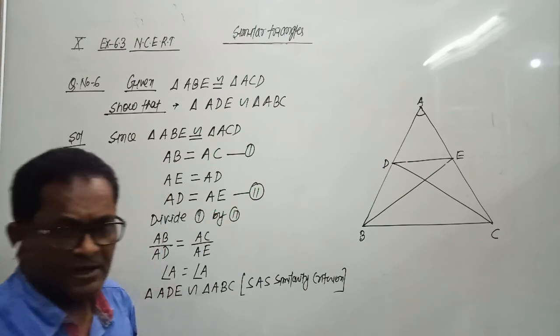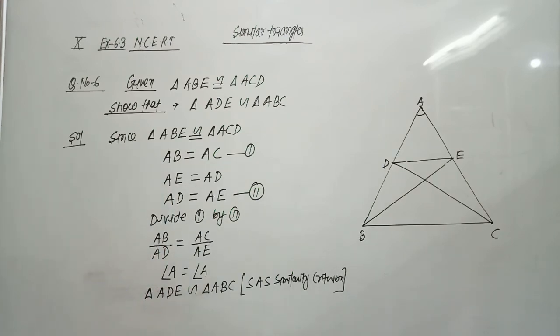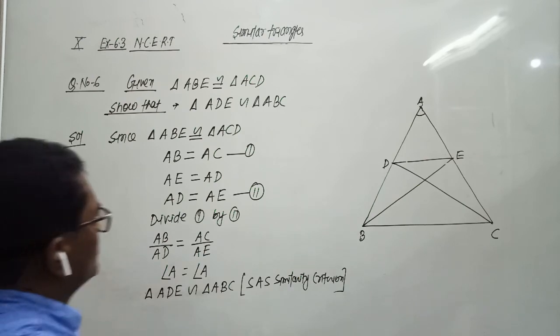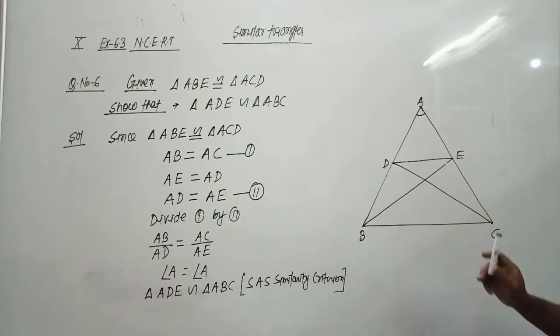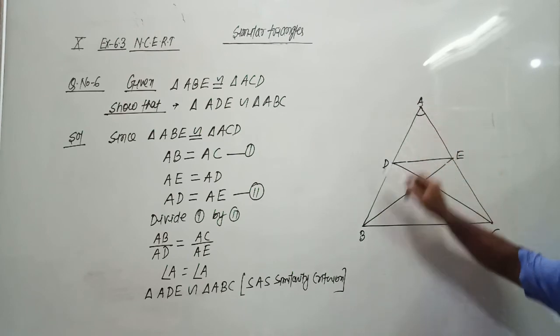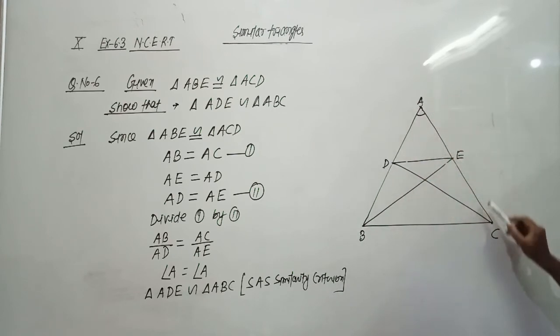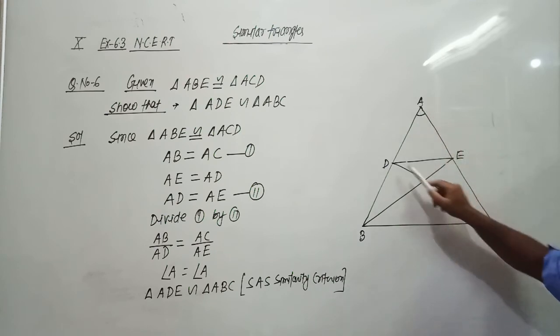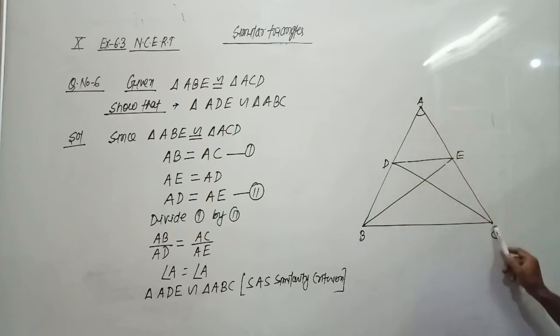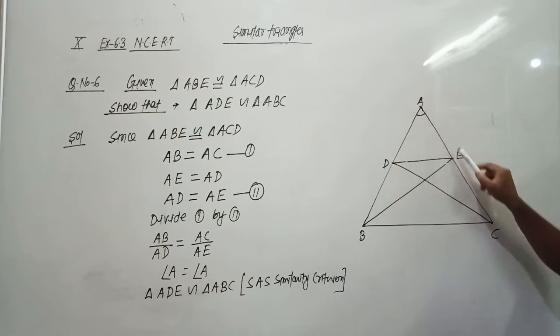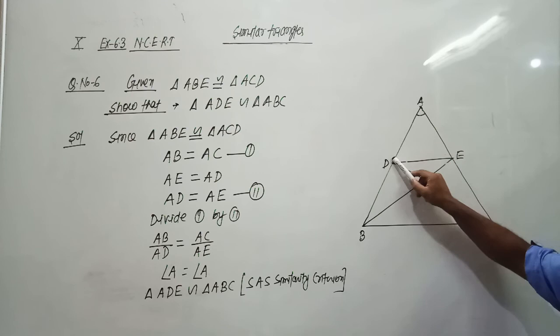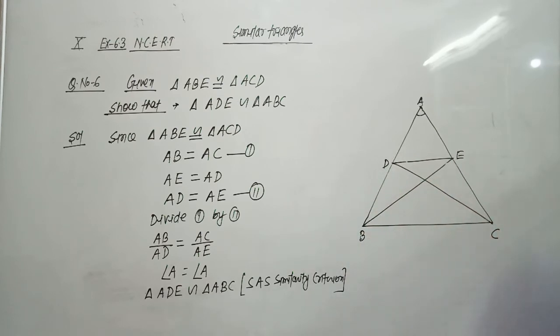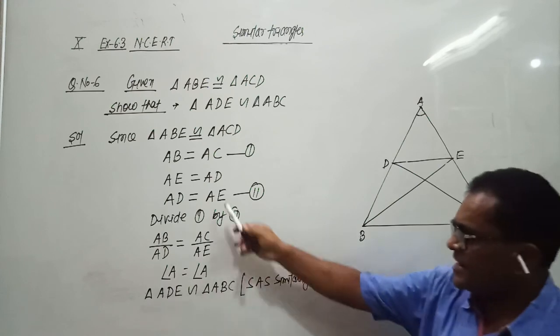These two triangles are similar because firstly we are given that triangle ABE is congruent to triangle ACD, and if these two triangles are congruent, then by CPCT AB equals AC and AE equals AD, which can also be written as AD equals AE.